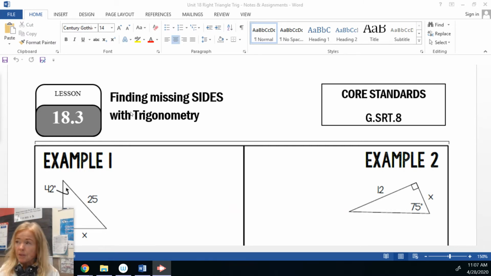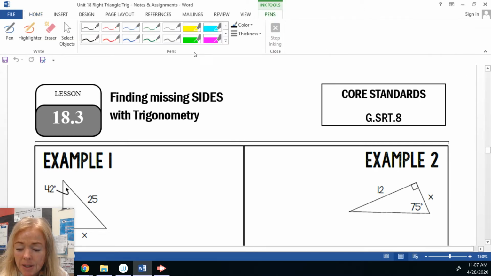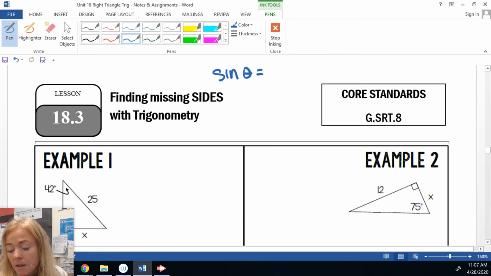Using trigonometry, remember that we have 3 different choices depending on the sides and the angles that we know. We have sine theta, which is if we have an angle, the opposite side and the hypotenuse. We have cosine theta, and that is if we have an angle, the adjacent side and the hypotenuse.